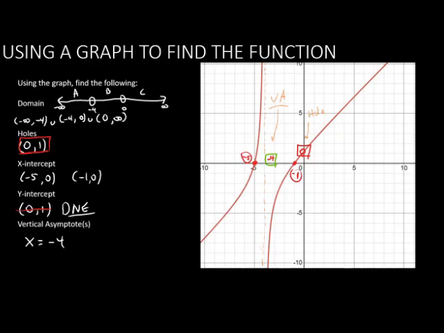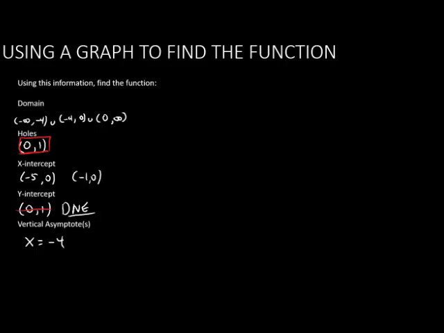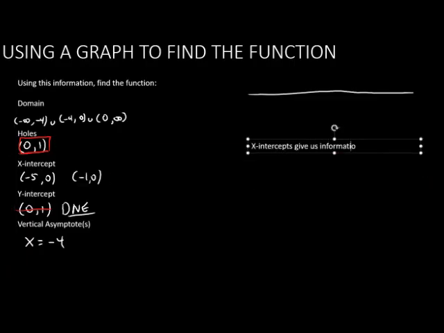With this information, let's try to figure out what the function is. To write our function, we'll start with the division bar, and then we'll examine our x-intercepts. Any x-intercepts will give us information about what will go on top. Therefore, we'll start with our x-intercepts, and we'll say x equals -5.